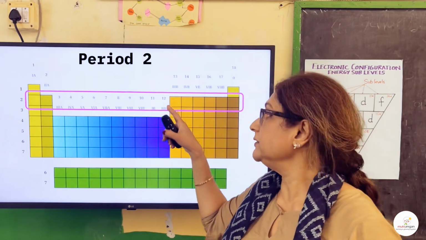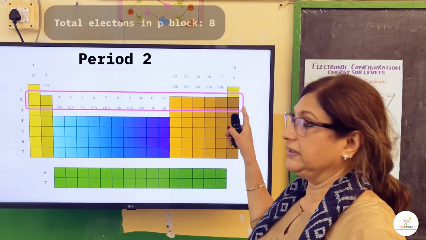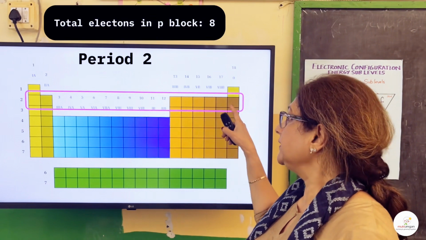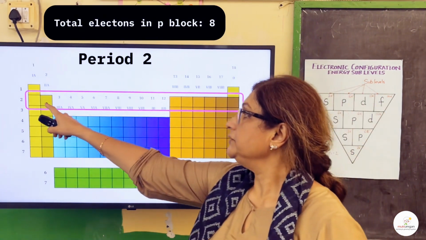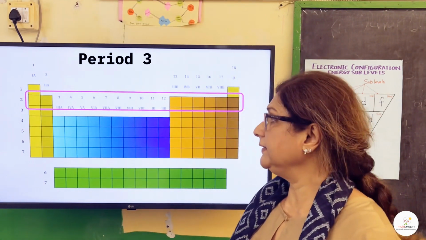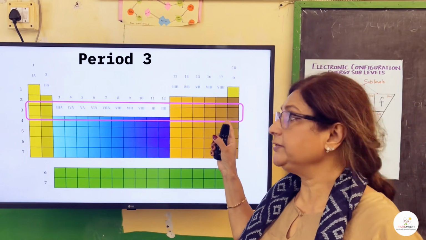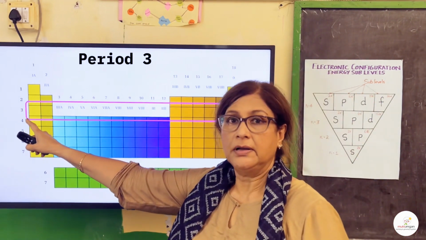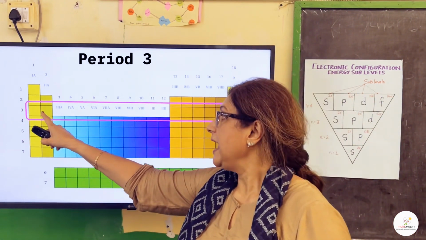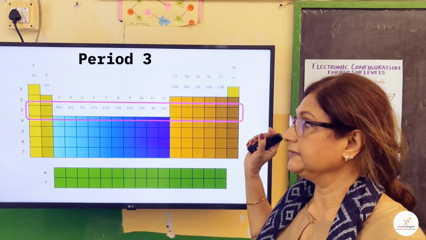How many electrons can the P block hold? 1, 2, 3, 4, 5, 6. So 6 electrons in the P block and 2 electrons in the S block in period 2. How about period 3? Period 3 is exactly the same as period 2. It has the S block which holds 2 electrons and the P block that holds 6 electrons.